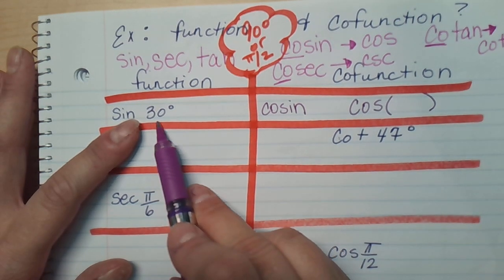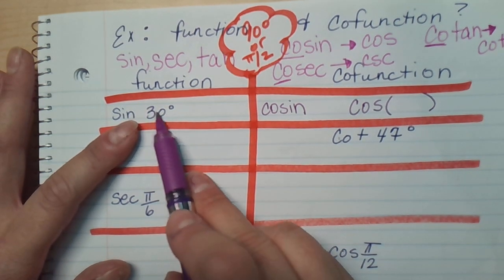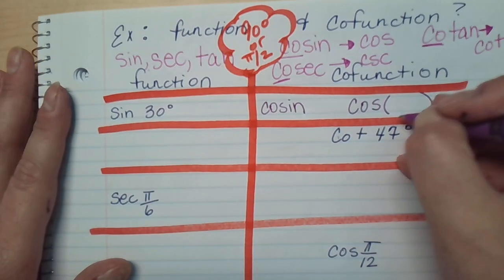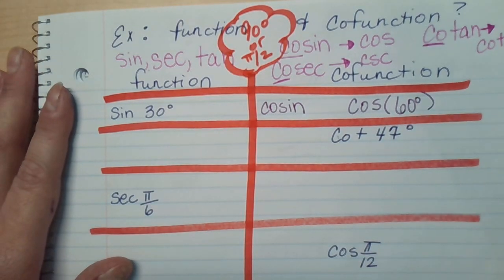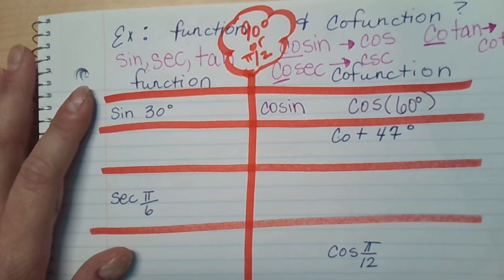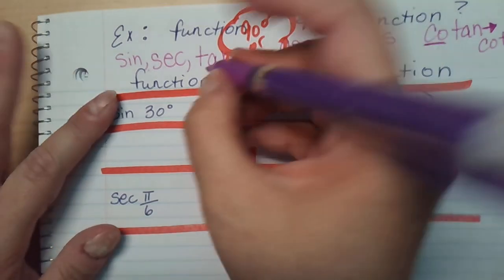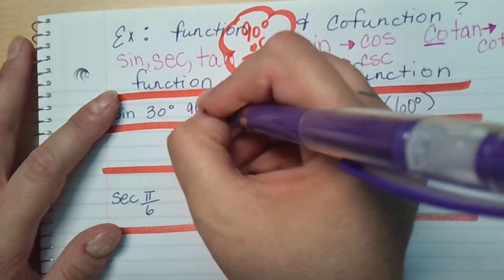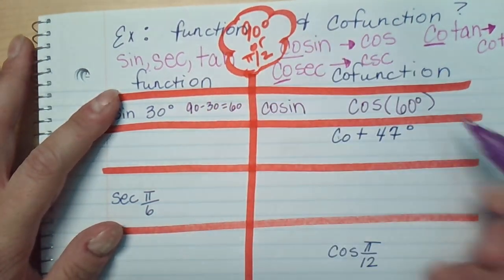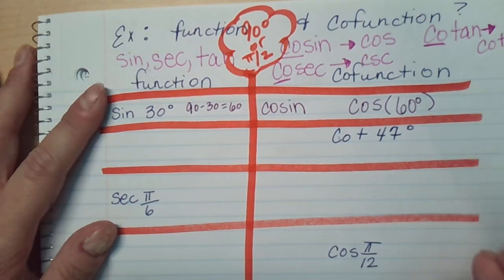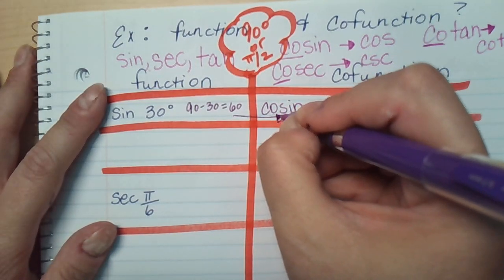What plus 30 gives you 90? 60. And the reason is because 90 minus 30 equals 60. So that's where I got this 60 over here for the cosine.